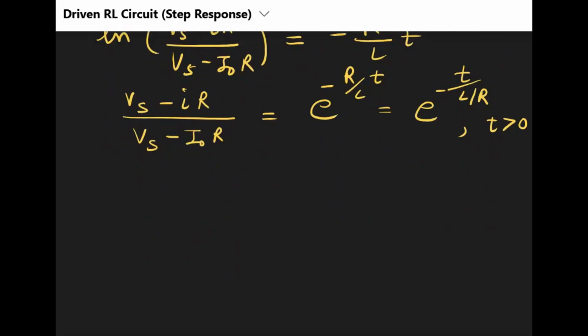Now we have to solve it for i. Let L by R be tau, which is the time constant of the RL circuit.